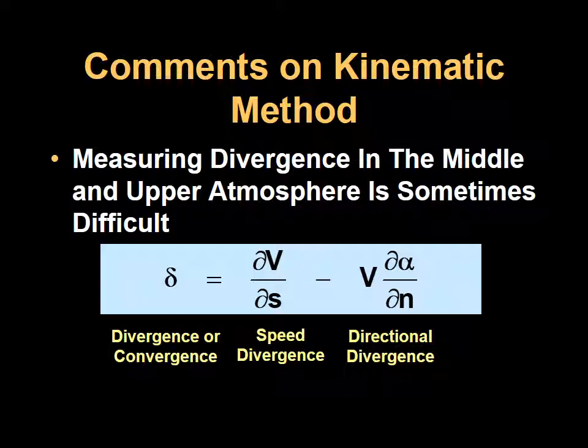But in the middle of the atmosphere, we have some problems, and we've talked about this already. We looked at the divergence equation for natural coordinates, and we said that speed divergence is offset by directional convergence in the middle of the atmosphere, and likewise speed convergence is offset by directional divergence.